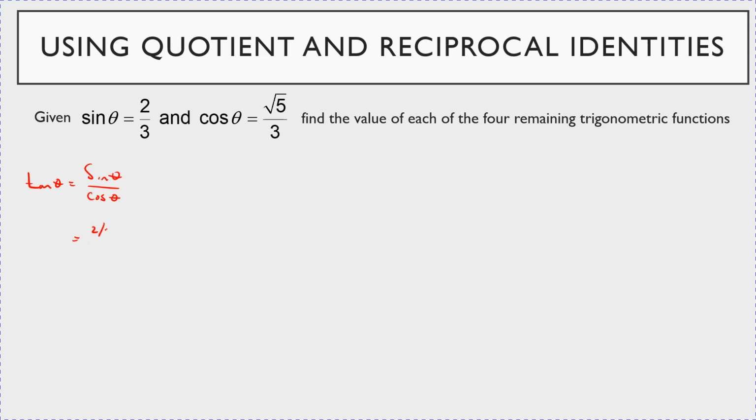Well, that's 2/3 over the square root of 5 over 3. Keep, change, flip. That's 2/3 times 3 over the square root of 5. 3's cancel. And this is 2 over the square root of 5, or when you rationalize the denominator, this is 2 square roots of 5 over 5. That's tangent.